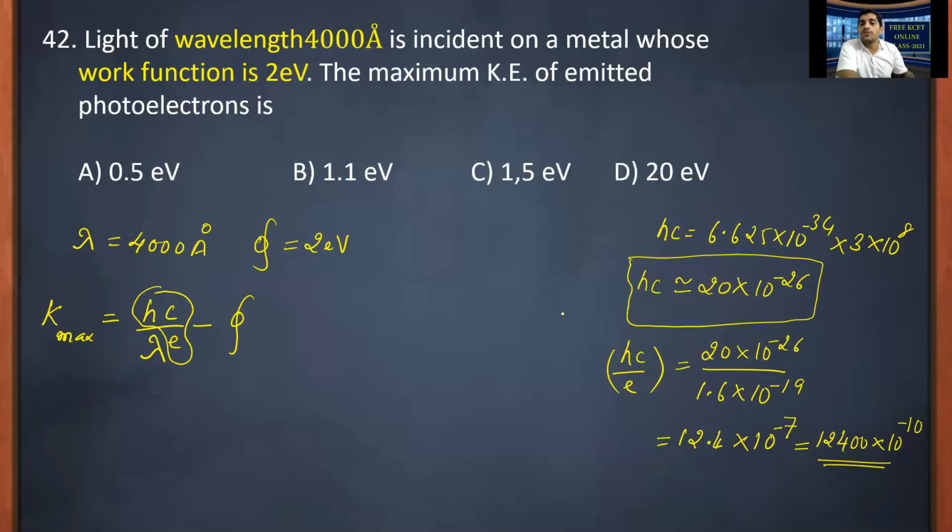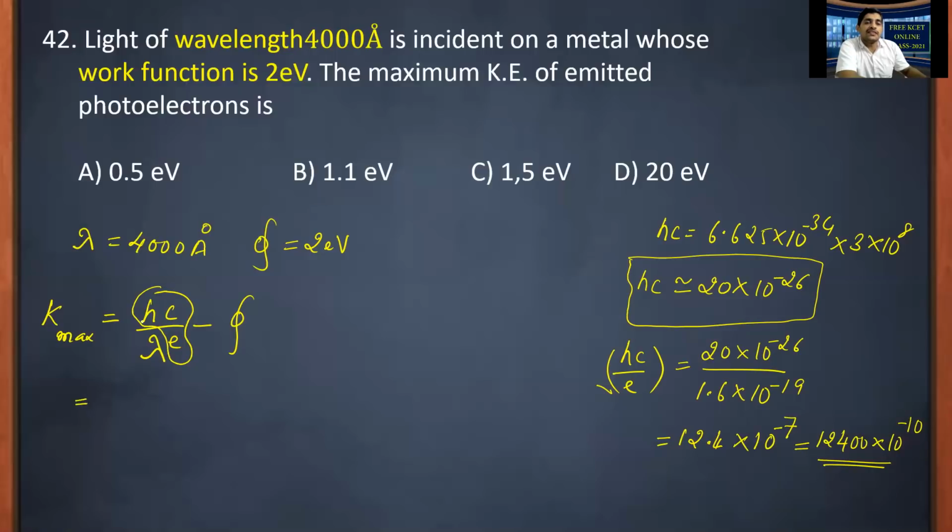So this can be remembered. So hc by e, better you remember it as either 12.4 into 10 to the power minus 7. The decimal point is hard to remember, that is, 12,400 into 10 to the power minus 10. See how easy it becomes now.